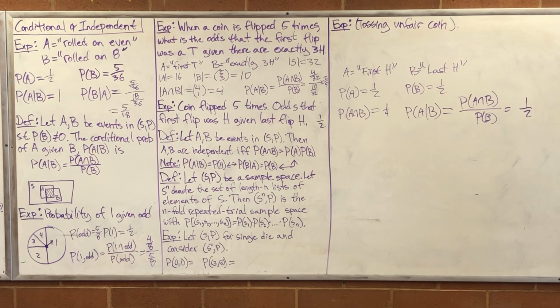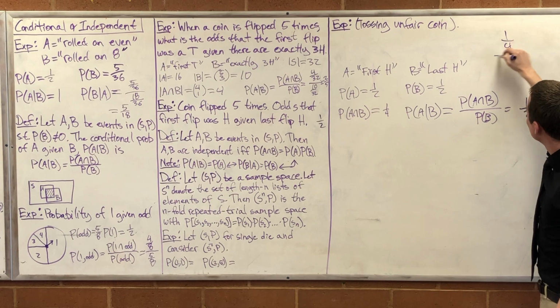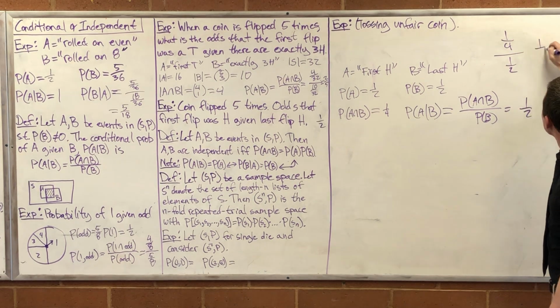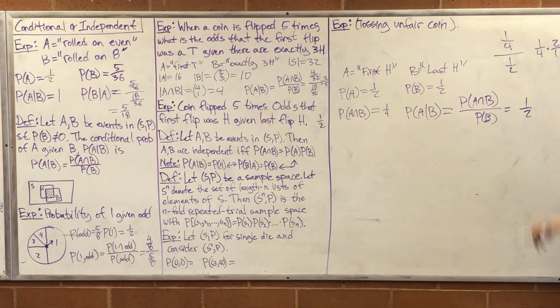Am I confusing you guys? 1/4 divided by 1/2 is the same thing as 1/4 divided by 2/4. 1/4 times 4/2, 2 over 1, which is equal to 1/2. Right? Okay, that's how we do math.